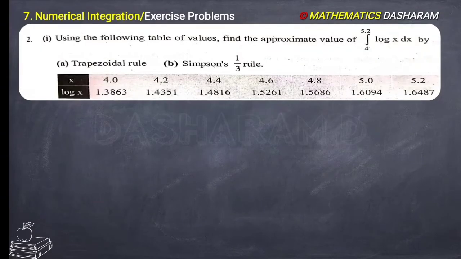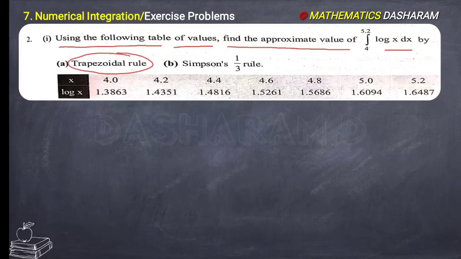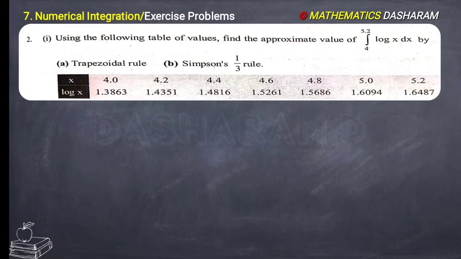Next, the second problem: using the following table of values, find the approximate value of integration 4 to 5.2 log x dx by the trapezoidal rule and Simpson's 1 by 3rd rule. Here is a table with x values and log x values. First we need to find the h value, that is b minus a divided by n. b means upper limit, a means lower limit, n means number of subintervals.